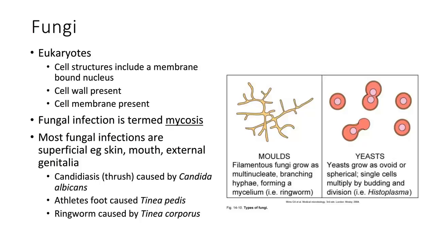Now you can see here that the fungi comprise the molds and the yeasts, and the yeasts grow as ovoid or spherical cells, whereas the molds are filamentous, so they're thread-like and quite multi-branching, and so you'll see the term hyphae being used.